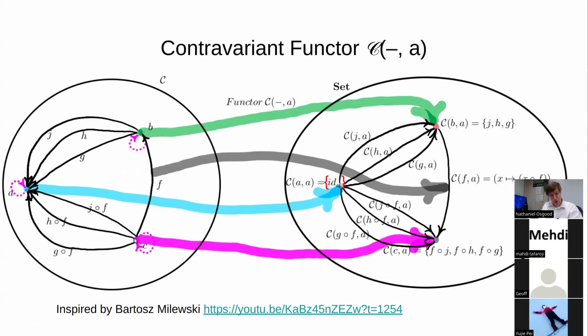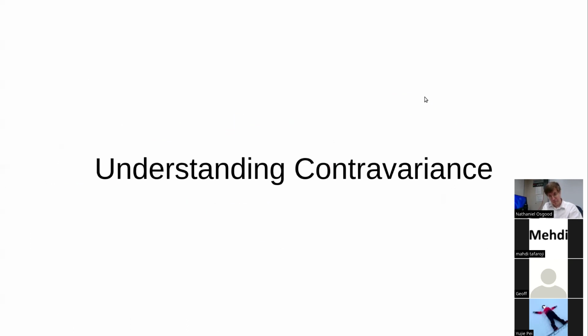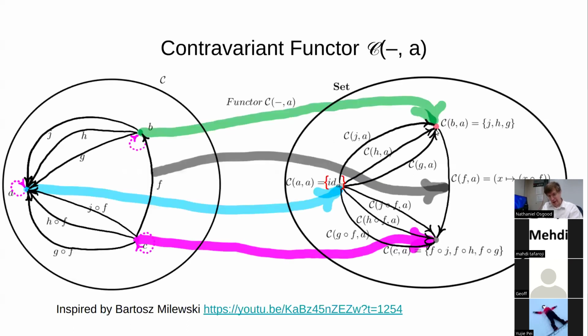F here goes, in C, from C to B. So when we map it with the functor, this is contravariant, it's in what's called a negative position, and it goes in the opposite way. Let me give you some motivation for this.